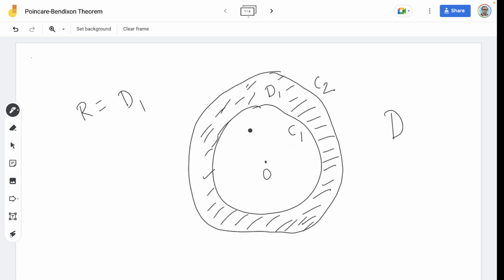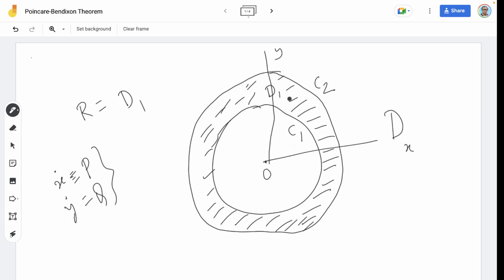Within this domain, P and Q for this system, x dot equal to P, where x dot means dx/dt, and y dot equal to Q. This is the x-axis and this is the y-axis. On this xy plane, this domain is D, on which P and Q have continuous first partial derivatives.